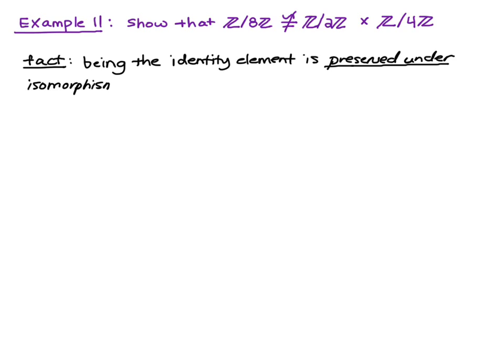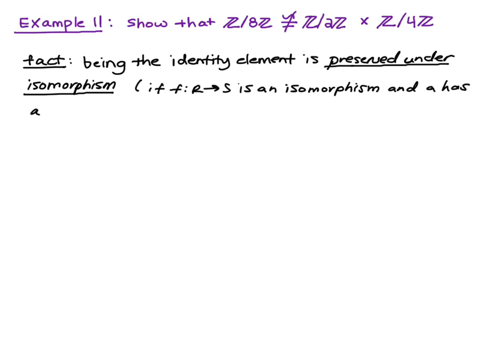And so if you recall from the notes, this idea of being preserved means that if you have a function f from R to S, and f from R to S is an isomorphism, and A has a property, then f of A has that property.